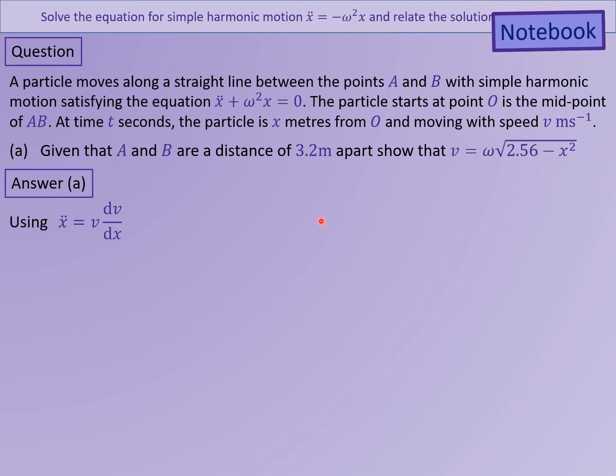Because what the examiner were expecting you to do, they probably would have hinted at earlier on, is not to use just the equation for V, but to make sure you're using this equation just here. Because I know that x double dot or acceleration there is equal to d squared x over dt squared, it's the second derivative, I could write it as v dv over dx.